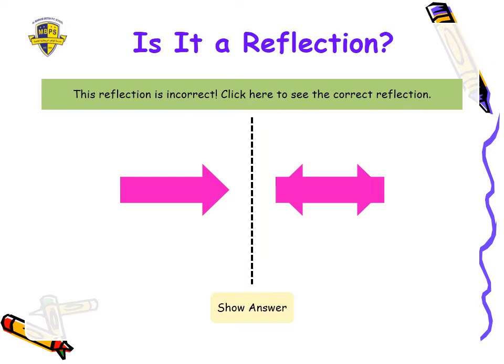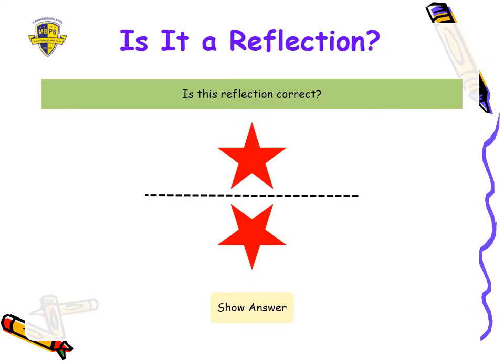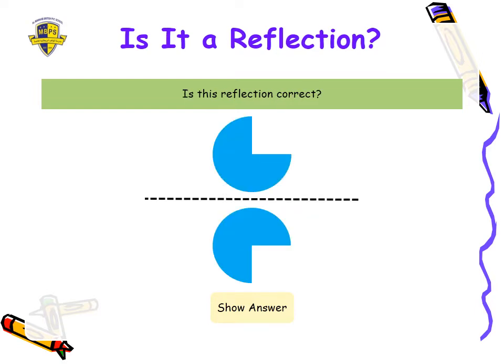So this is not a reflection. What do you think now? Is it a reflection? Yes, this is a reflection. And this one, is it a reflection? Good. This is also a reflection.